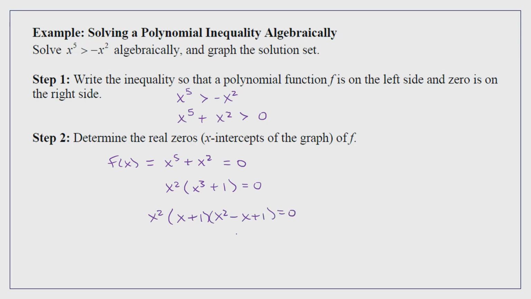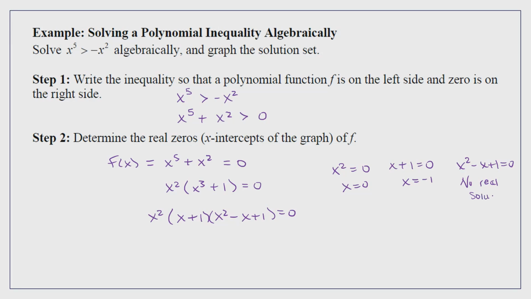So setting each of our factors to 0, we'll have x squared equals 0, x plus 1 equals 0, and x squared minus x plus 1 equals 0. So this will be x equals 0, this will be x equals negative 1, and x squared minus x plus 1 is not factorable, so this has no real solutions.